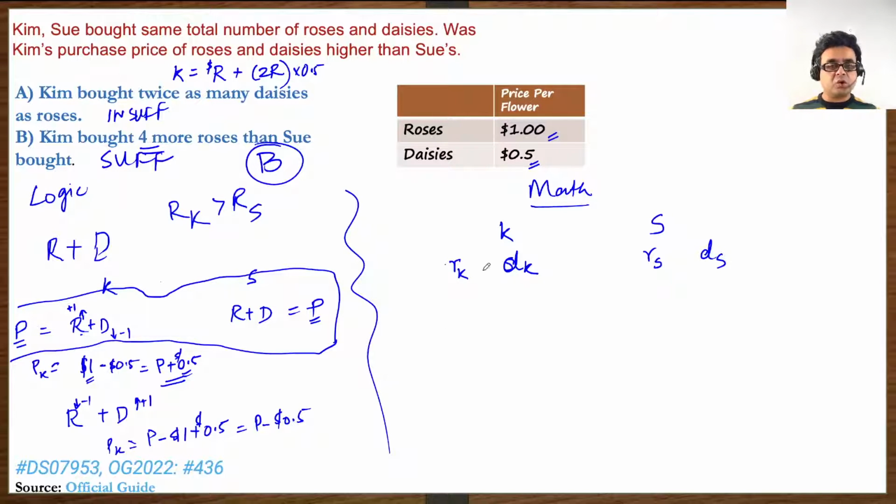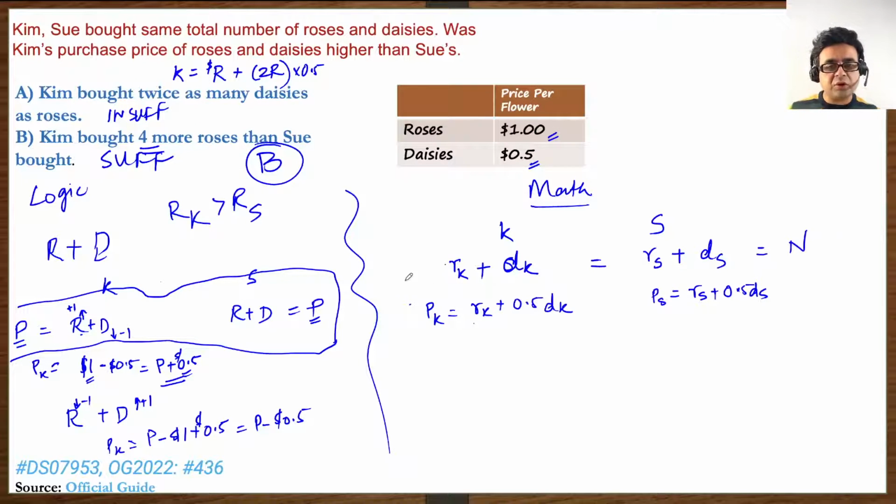Okay, so the total number of flowers we know is the same, so this will be equal. The price for Kim, PK, would be equal to RK plus 0.5 DK, because a rose is $1, and PS would be RS plus 0.5 DS.